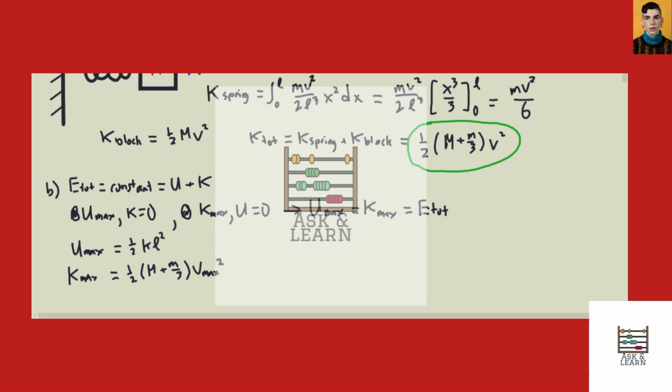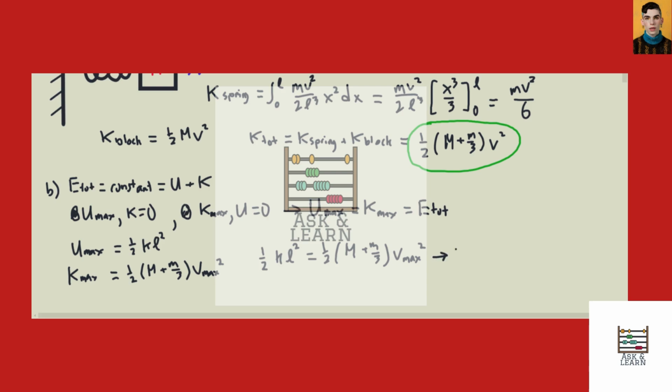And so we're going to say that U max is equal to K max. So we've got 1/2 kL squared is equal to 1/2 M plus m over 3 v max squared.